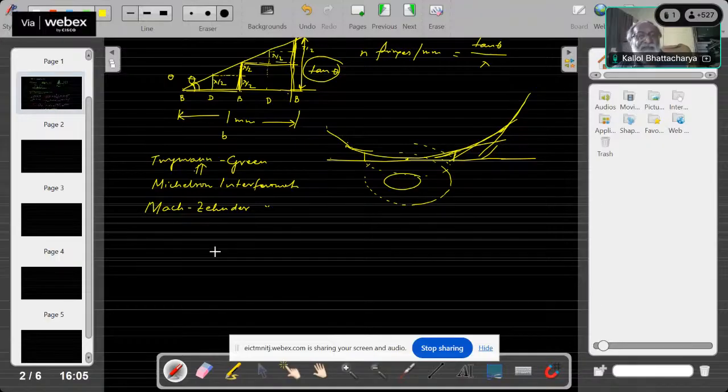We have seen what the Michelson or Twyman Green interferometer looks like. The Mach-Zehnder basically is something like this. Let me draw this first, then I'll explain it to you.